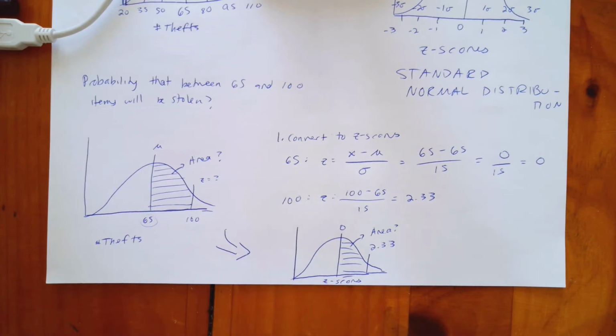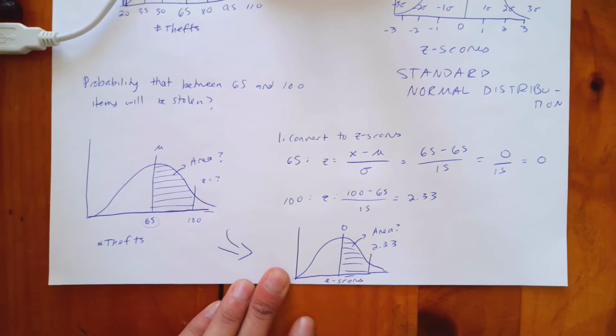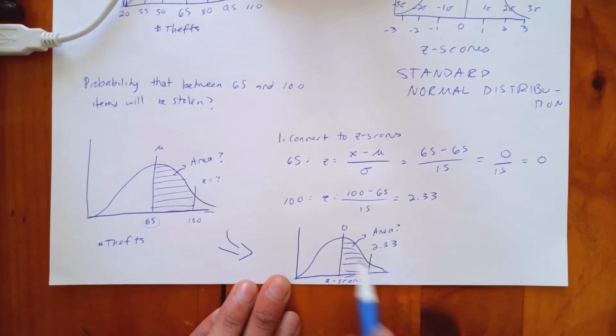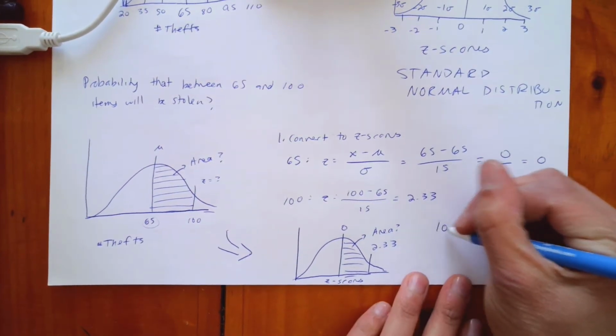So the shape of it is the same, and that means that the area under the curve between this value and this value is the same as the area under the curve between this value and this value. But because this is a standard normal distribution here where we're counting in z-scores, the areas under the curve have already been calculated long, long ago, and they're listed out in different places for you to see. So all we need to do to find this area is look it up on the z-table.